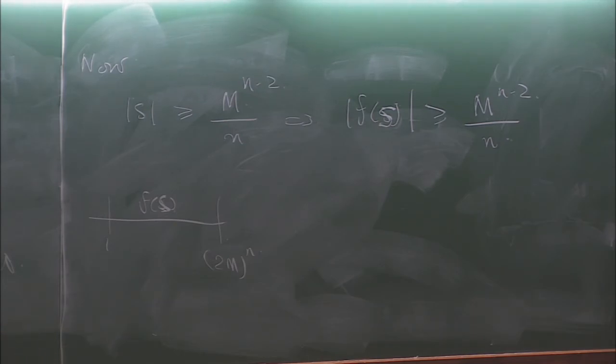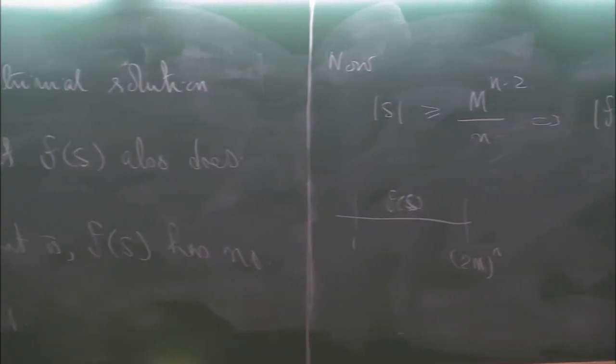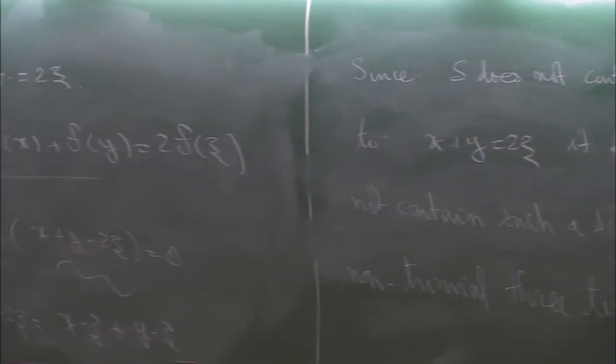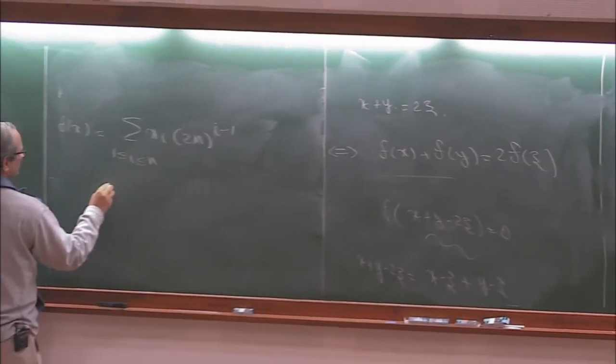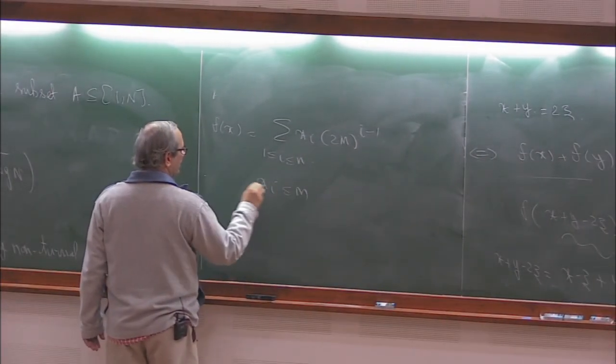Because if you look at the definition of f of S, which I have erased conveniently, it is simply the digit representation. So the definition was f of x equals the sum of xi times 2m to the power i minus 1, for i from 1 to n, and each xi lies between 1 and m.